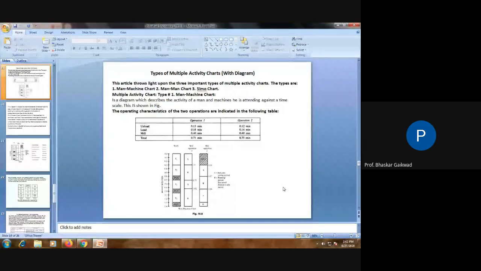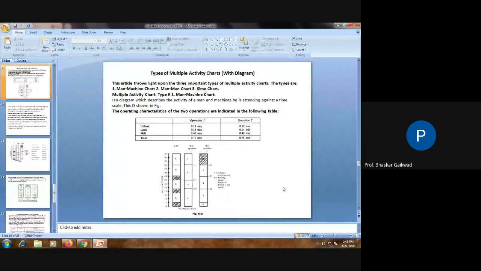One chart is given here: operation on machine number one, operation on machine number two, unloading, loading, milling operation, and how much time. This is one of the milling operations, we have only two machines, and we have to perform operations on machine 1 and machine 2.